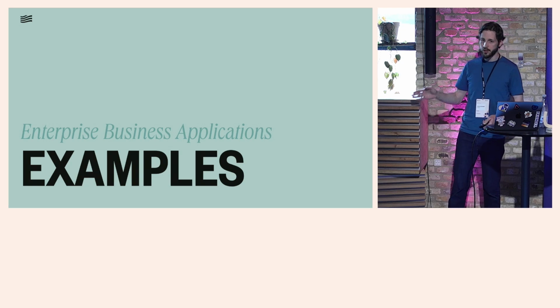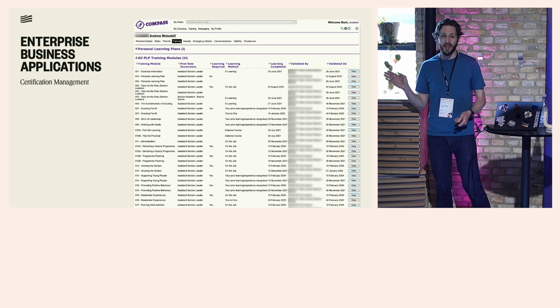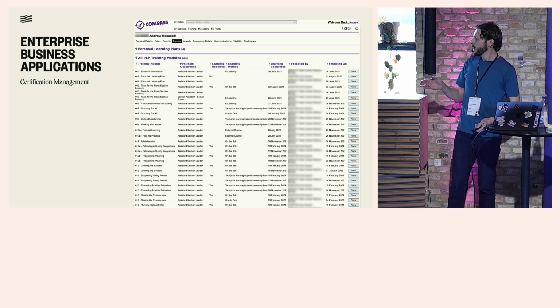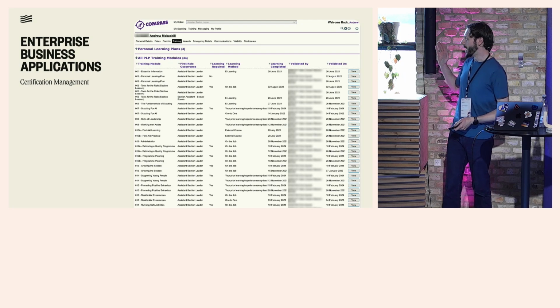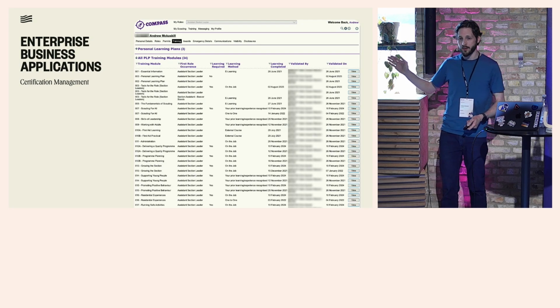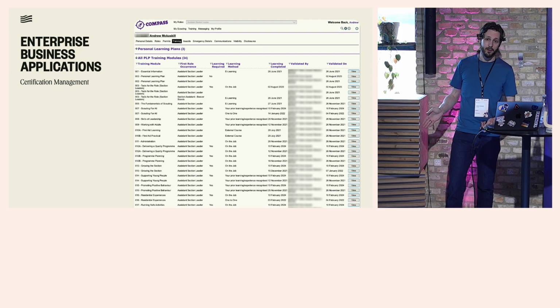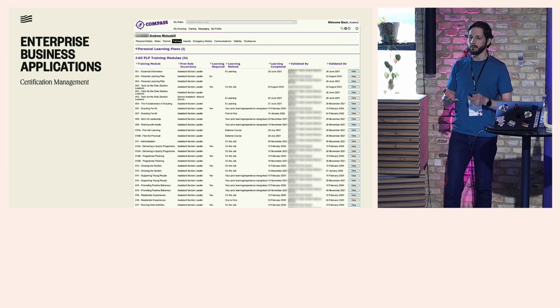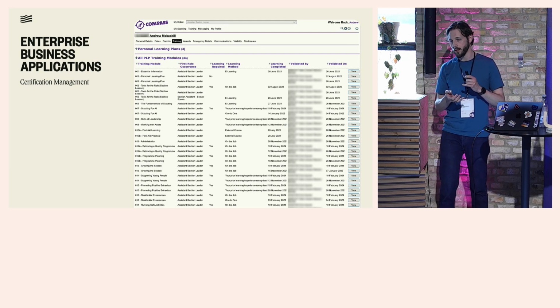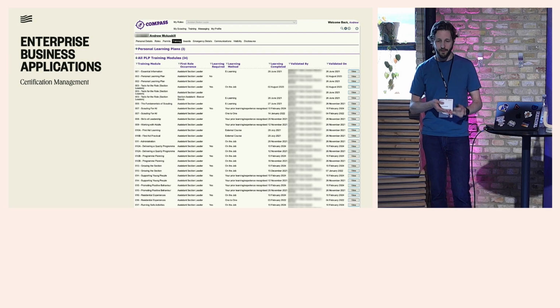So the first couple I have, actually, I'm a scout leader back in England. This is an application called Compass. And yes, it is this bad. This is what the scouts use to track certification management. So every scout leader has to have certain sets of qualifications: safeguarding, GDPR, first aid.